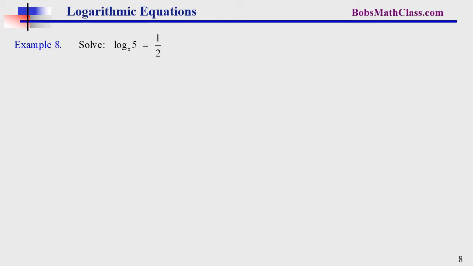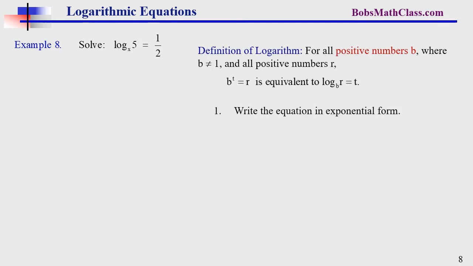Here's another one very similar to the last example. Again, we'll write it in exponential form. So that would be x to the 1/2 equals 5. Now I'm going to solve it a little different this time. We want to get rid of the 1/2, right?